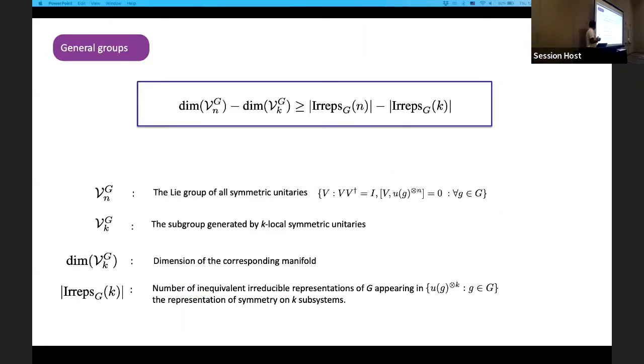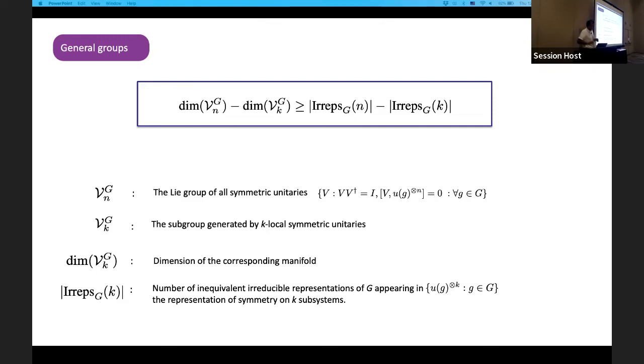Okay, now this is a general result. The previous result was equalities about U1 and SU2. Now for a general group G, I showed this bound. This is a lower bound on the difference between the dimension of all symmetric unitaries and the subgroup generated by k-local symmetric unitaries.